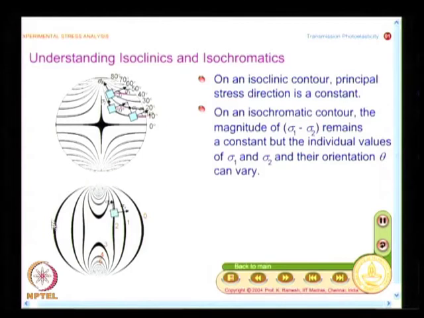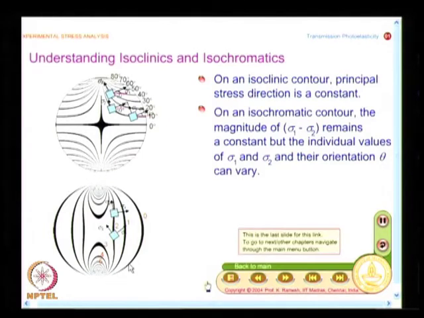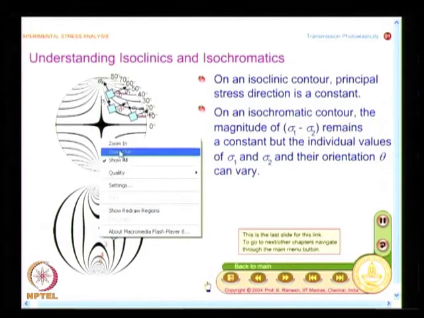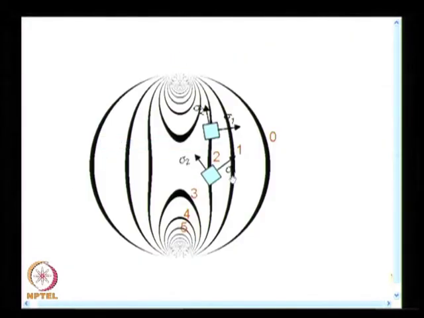These are the isochromatics, and here the direction may be different, but the difference of sigma 1 minus sigma 2 will remain the same on an isochromatic contour. That is the only difference. The direction will keep changing from point to point, but the difference of sigma 1 minus sigma 2 will remain the same.